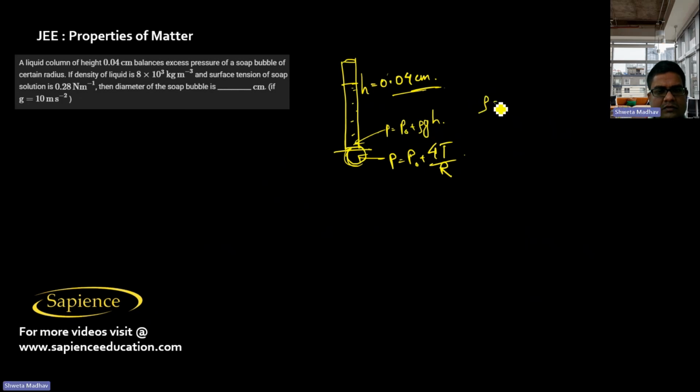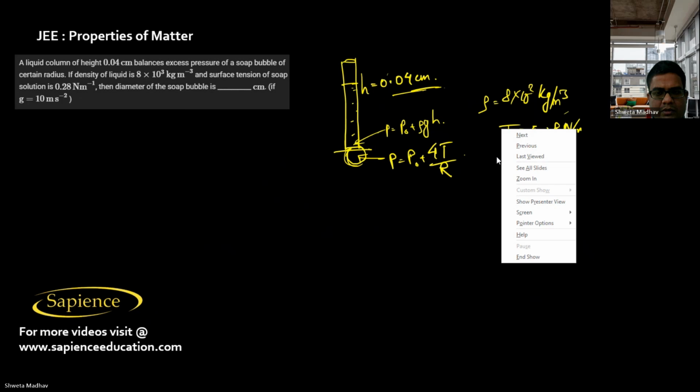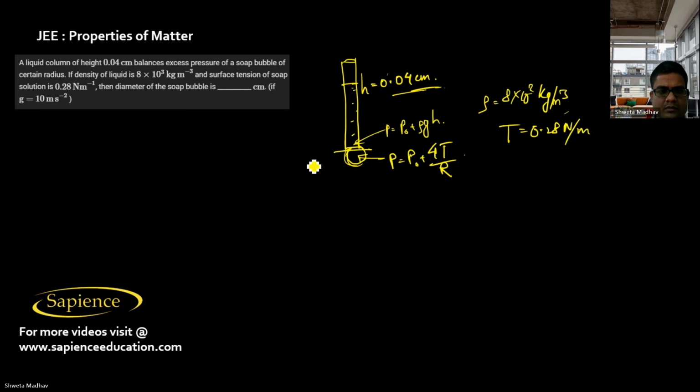The density of the liquid is in kilogram per meter cube, and the surface tension is given. We have to find out the diameter of the soap bubble.